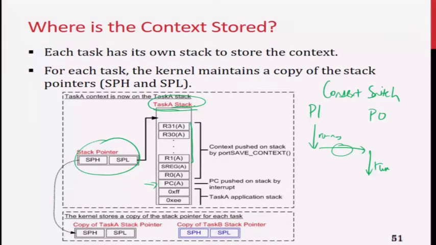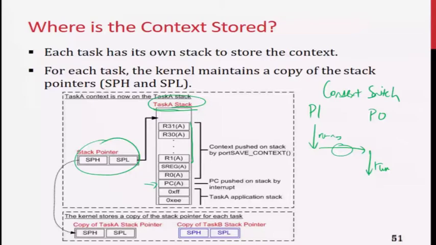So when I am currently running task A, and then task B wants to take over, what must I do? I must take all the information of task A and save it onto the task A stack. Information means all the register values, exactly which line of code I was executing, all my data, all my variables. Everything I must save on the task A stack.